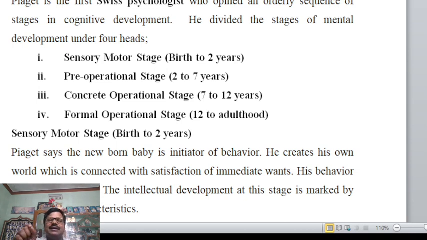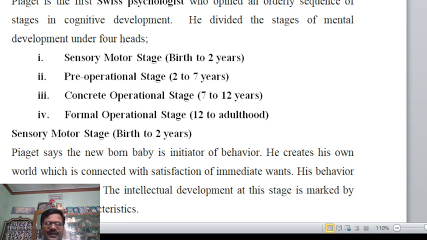We can say that comes in the infancy period. The pre-operational stage is 2 to 7 years, which comes in the early childhood period. The third stage, the concrete operational stage, lasts 7 to 12 years.